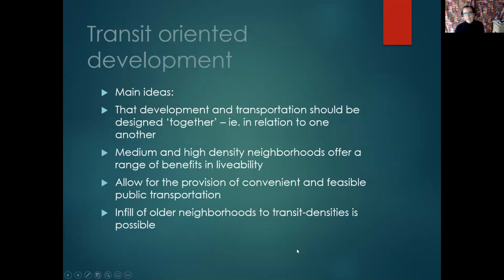So the approach that's called transit-oriented development is that development and transportation should be designed together in relation to one another, which practically they are, but we kind of think about land subdivision as implying car.